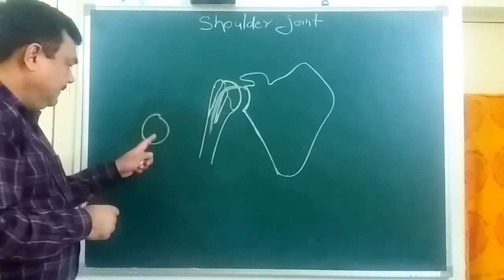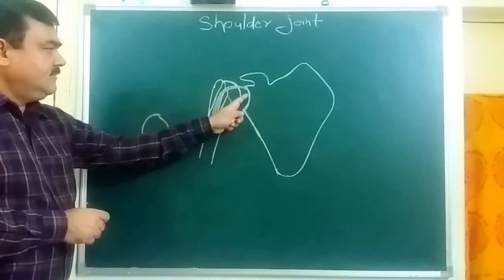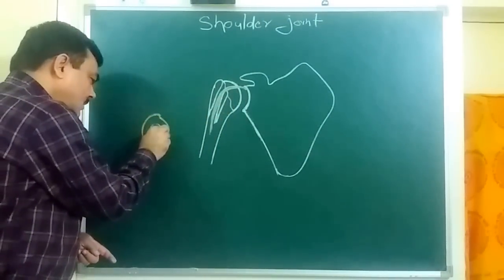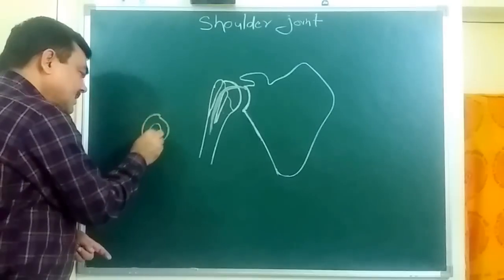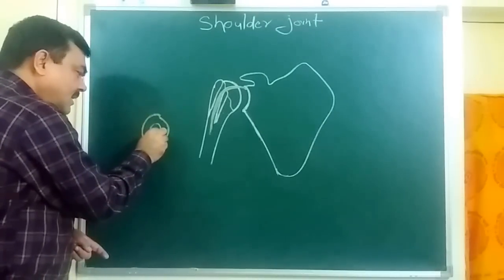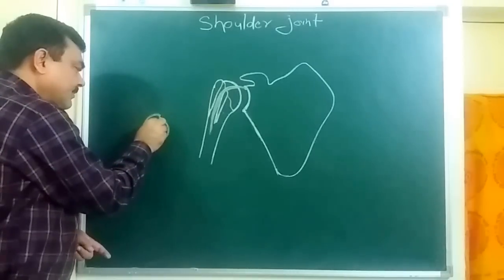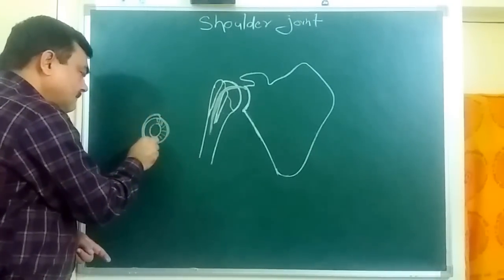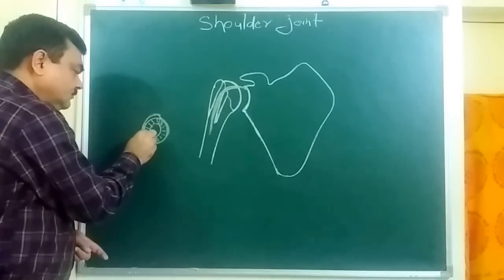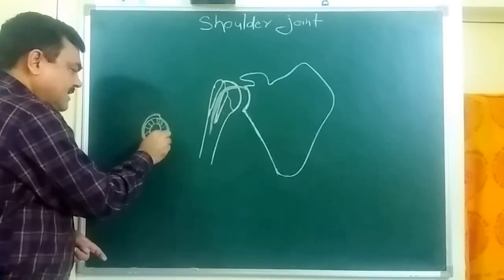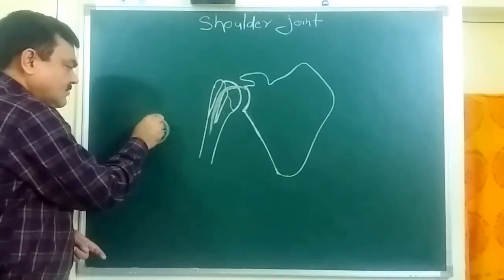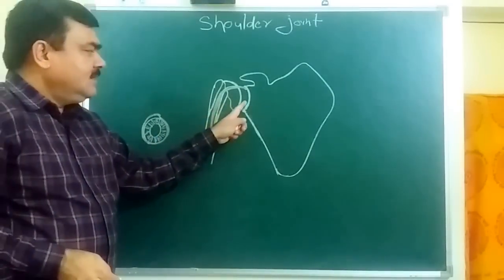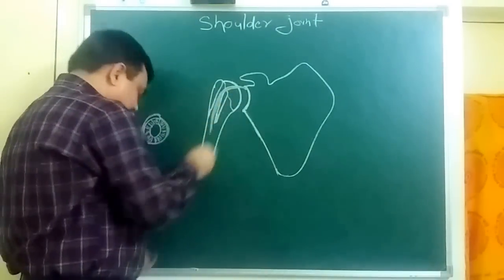Another thing, at the margin of this glenoid cavity, the glenoid labrum is attached. This is a fibrocartilaginous rim. This is the glenoid labrum, and it deepens this cavity.